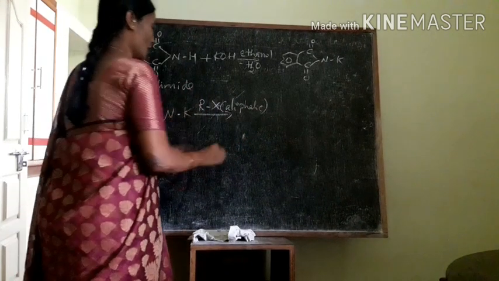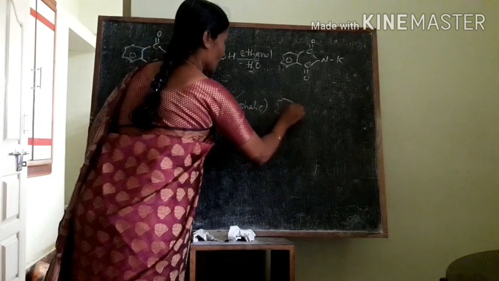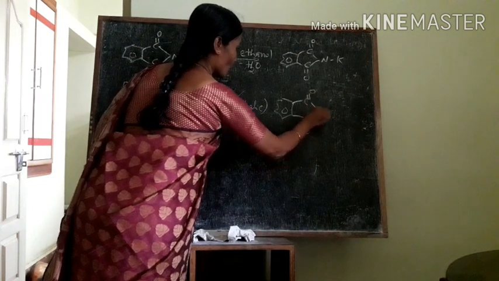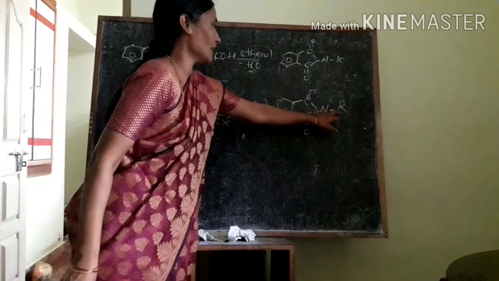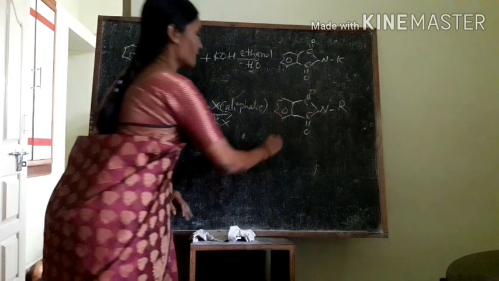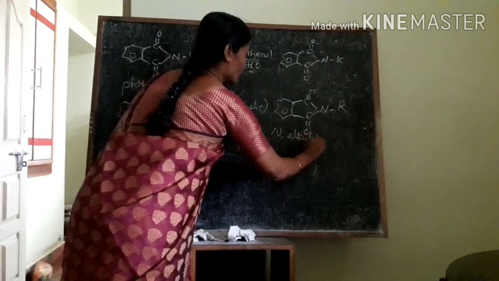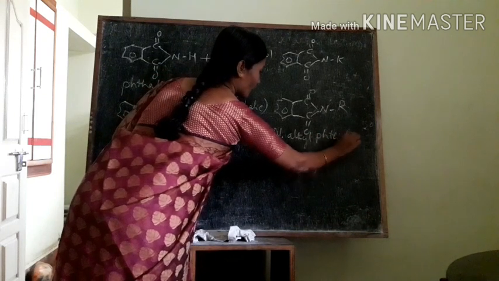Now there is elimination of KX and what remains is C=O, C=O, and NR. It is said to be N-alkyl phthalimide. Its name is N-alkyl phthalimide.